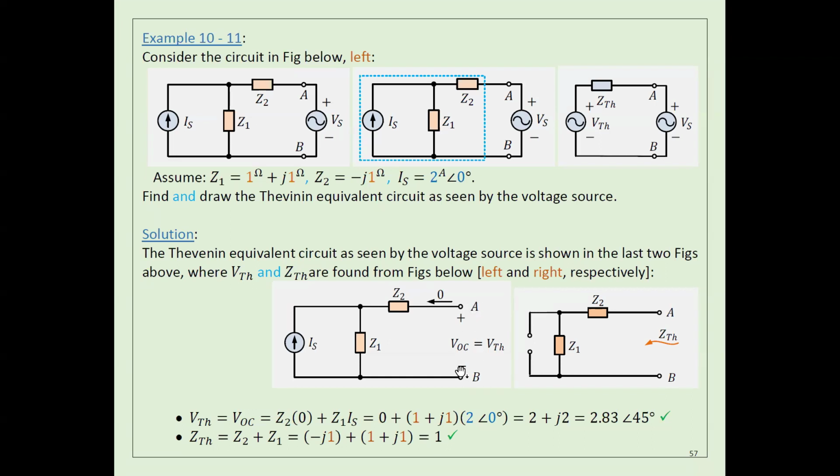That's why V7 equals I times Z1. So I got it here.